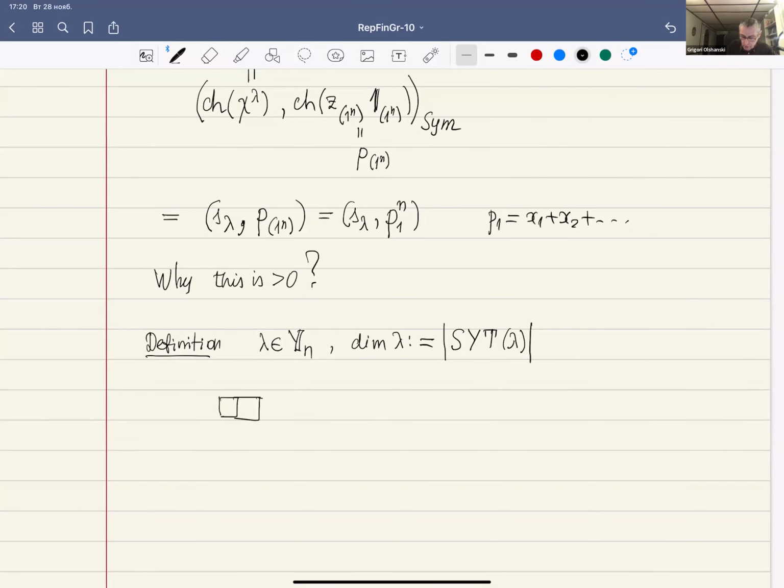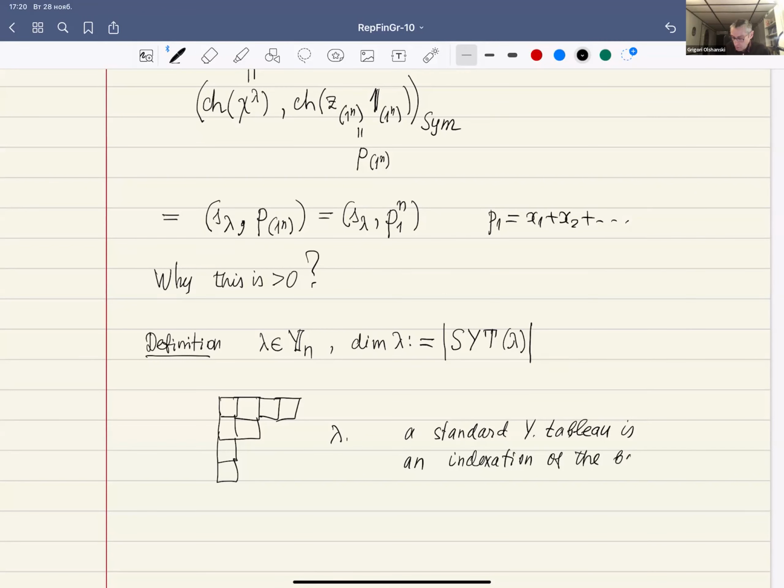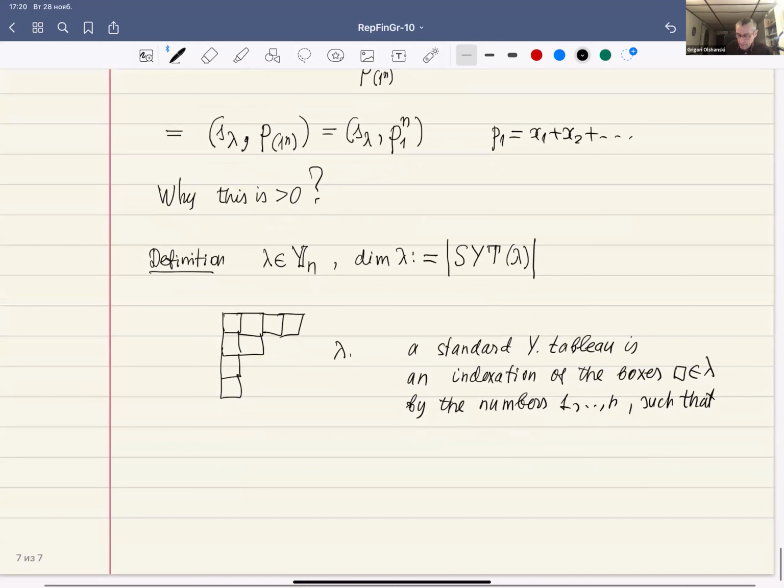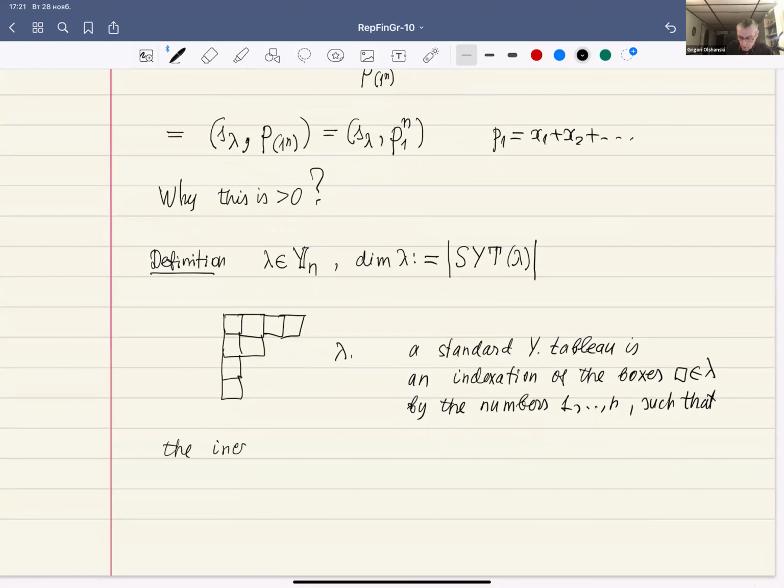If you have some Young diagram, a standard Young tableau is an enumeration of the boxes of the Young diagram by the numbers 1 to n, such that they increase from left to right and from top to bottom.